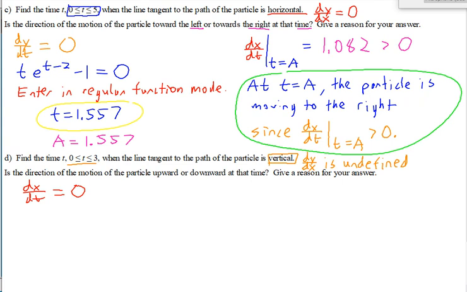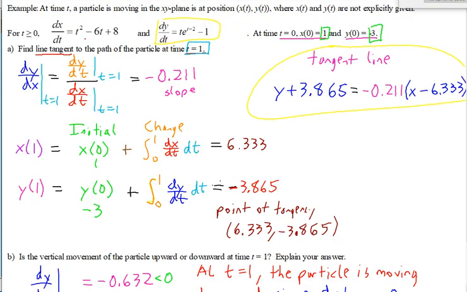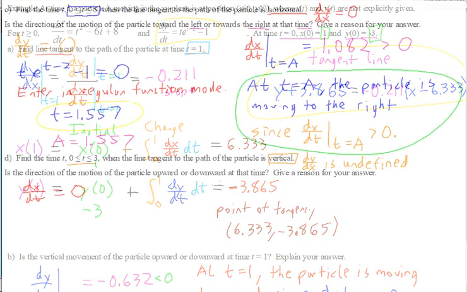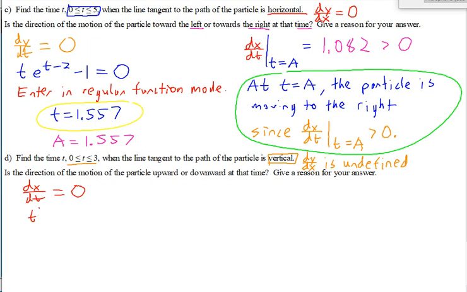So our dx/dt here was t squared minus 6t plus 8. Now this one, you can actually solve by hand, right? You could use your calculator just like we did the other one and put in x1 of x in the regular function mode. Or, you can just factor this into t minus 2 and t minus 4.